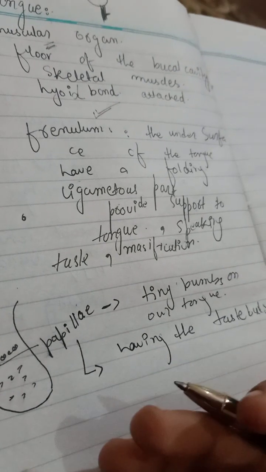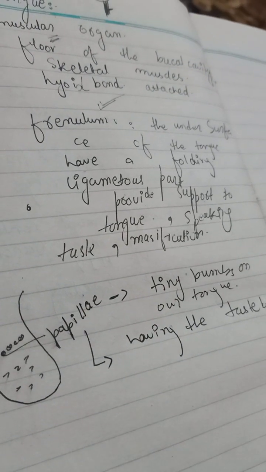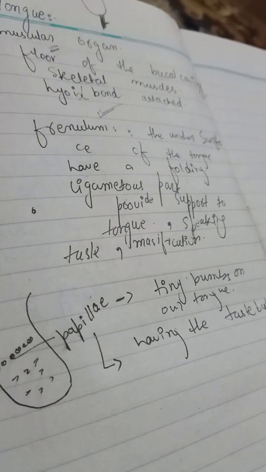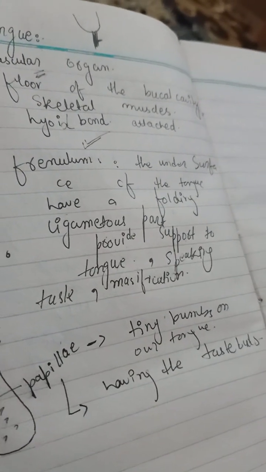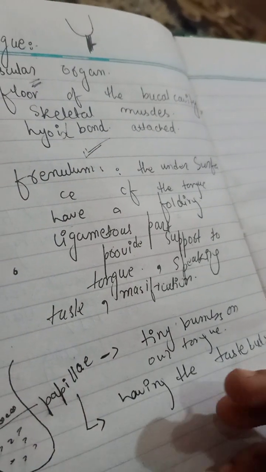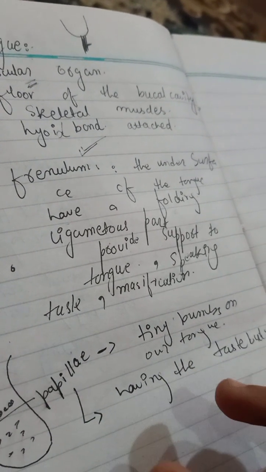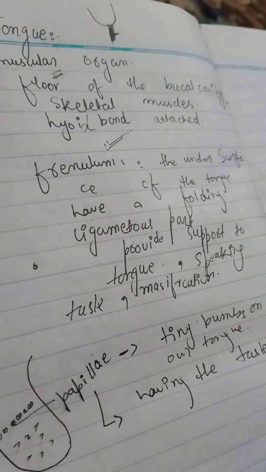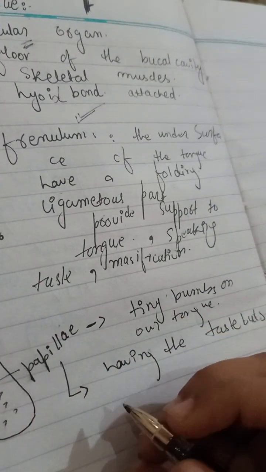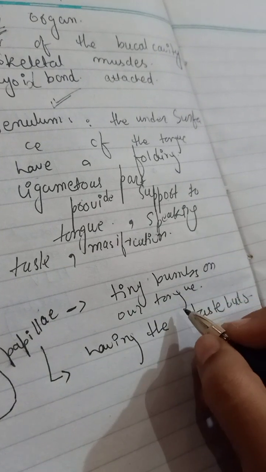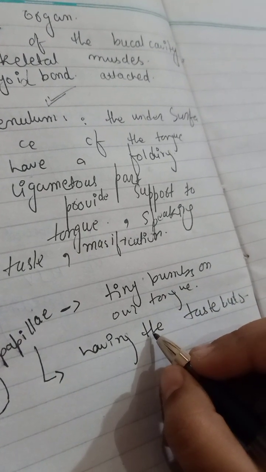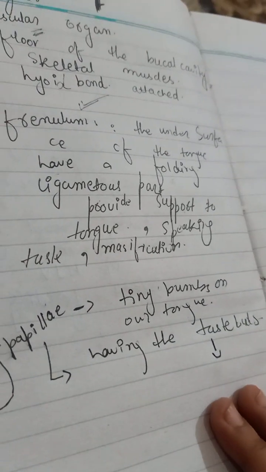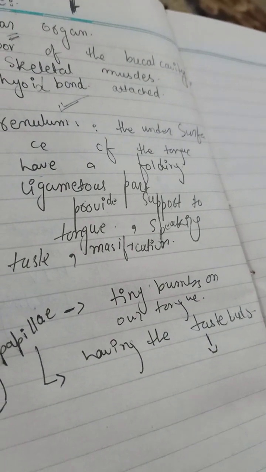There are different papillae, and most of them have taste buds, and some of the papillae do not have taste buds. I'll be telling you that; we'll be discussing the papillae in detail. As you can see, first of all, there are tiny bumps on our tongue, and they have the taste buds. So what are the taste buds actually?